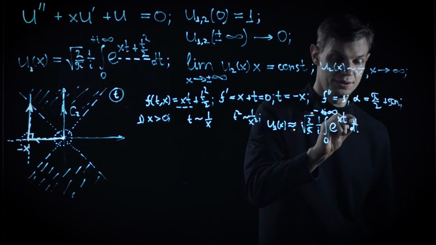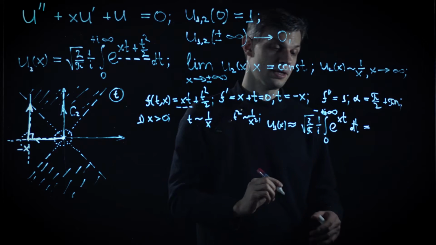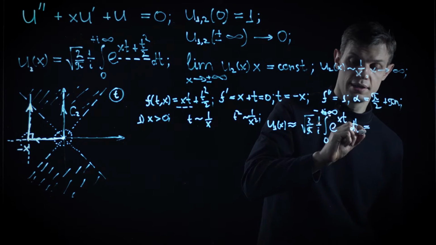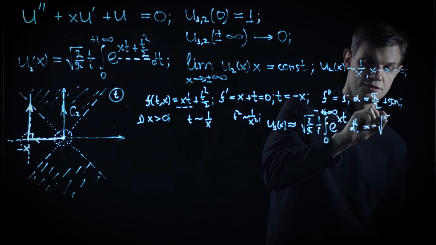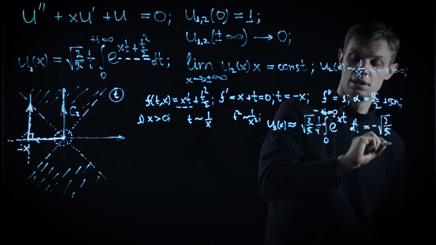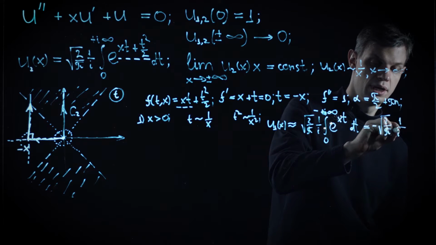And the integral is elementary and is easily taken, yielding the answer minus square root of 2 over pi, 1 over ix.